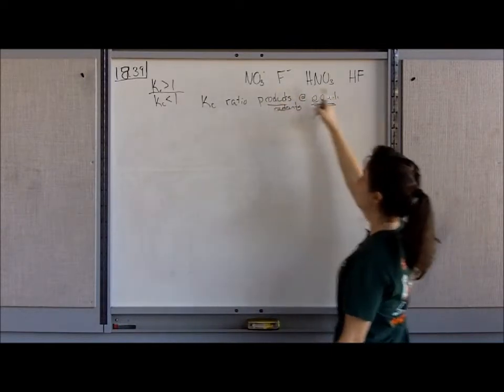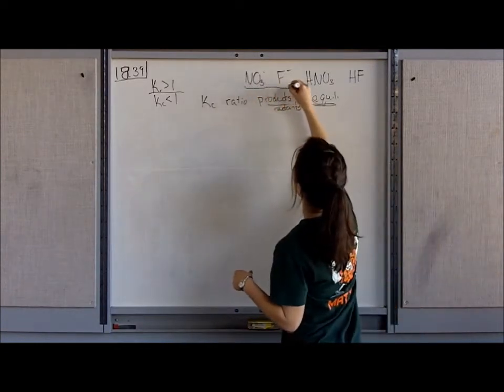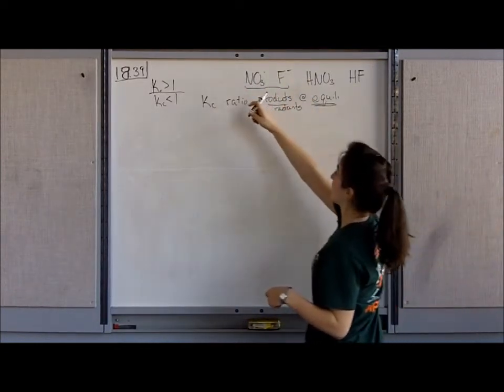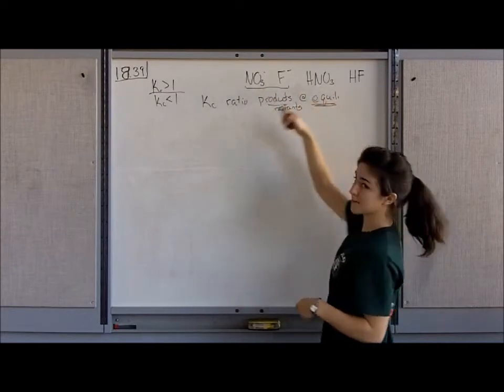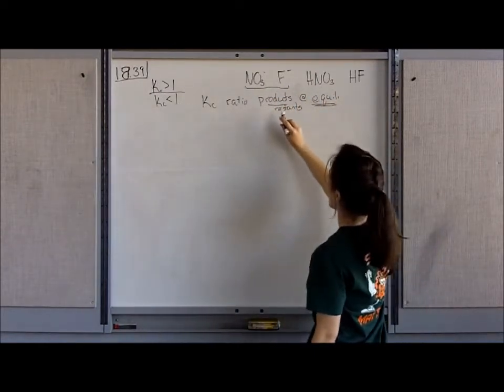We can start off with equal amounts of two species, but in the end we're going to end up with different amounts as they react together. So to get Kc greater than 1, we want mostly products.